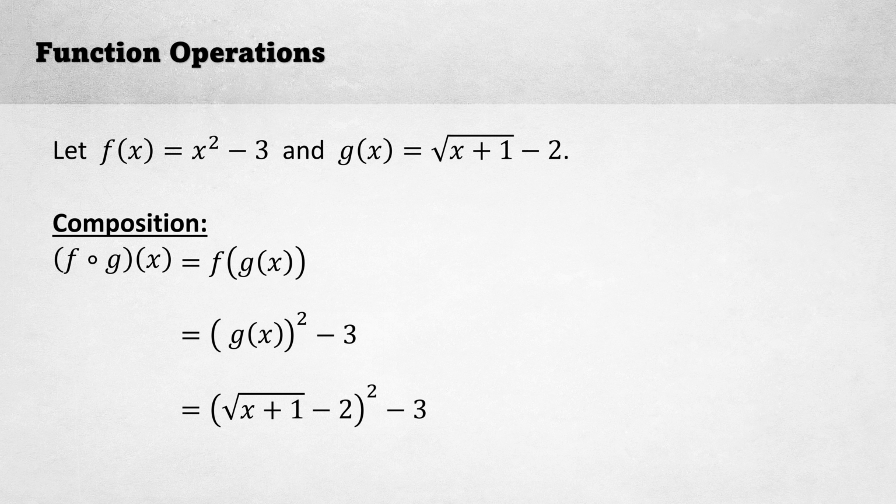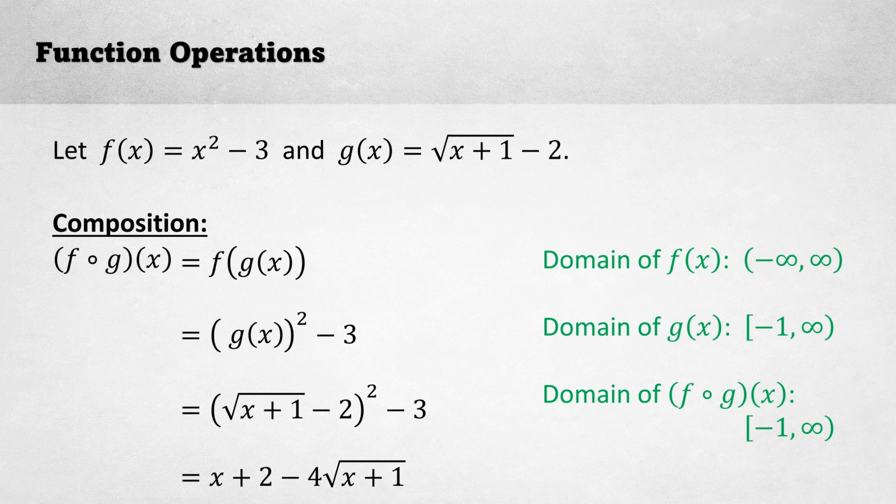So we simply take g of x and square it and then subtract a 3 from it. To square square root of x plus 1 minus 2, we need to write it twice and FOIL it. We're going to skip this process as we have done it previously. So we get x plus 2 minus 4 times square root of x plus 1. And the domain of the composition is negative 1 to infinity, including negative 1.